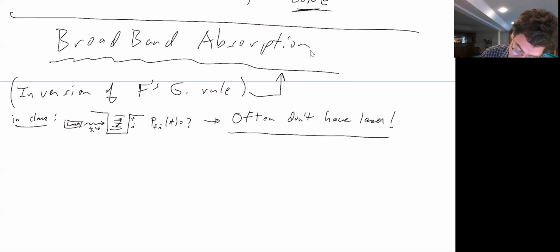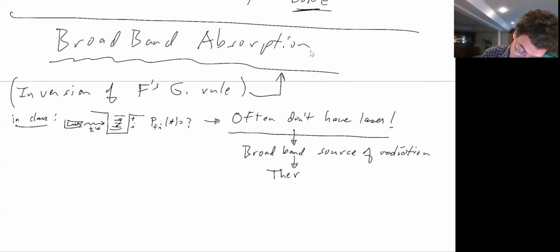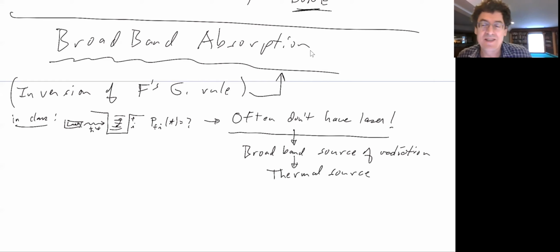What we typically have is a broadband source of radiation. And quite typically, it's coming from a thermal source. It's typically black body radiation. Until like the 50s, all we had was black body radiation.